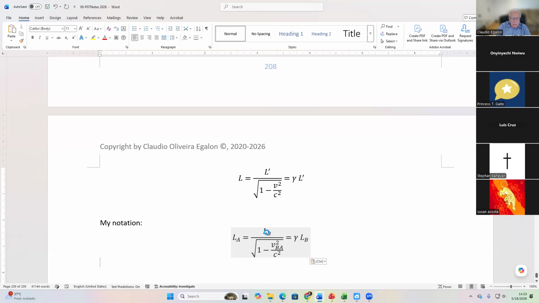That's an unfortunate notation here. I don't like that. Instead of B, let's put S, S for the spaceship.